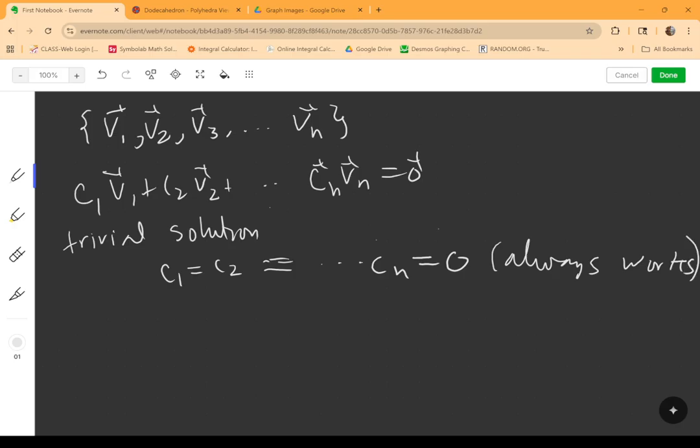So now we ask ourselves, is this the only solution? And again, what we know about linear systems is that their options are no solution, one solution, or infinite solutions. So if there is at least a trivial solution, is there another solution, i.e. is there an infinite number of solutions?